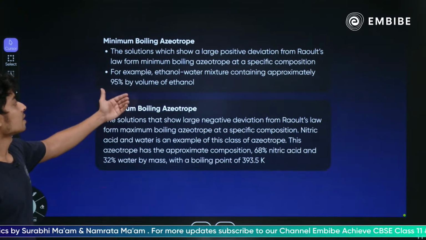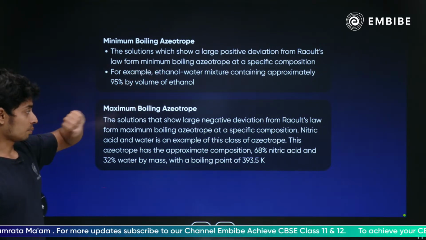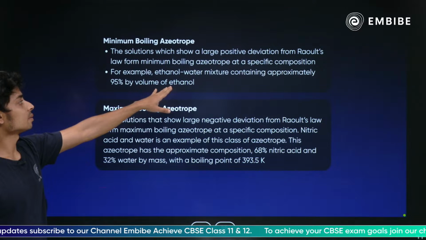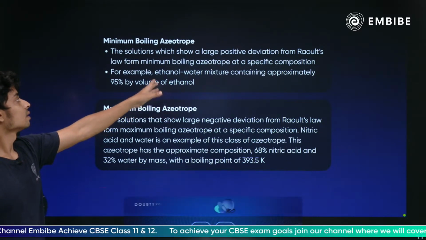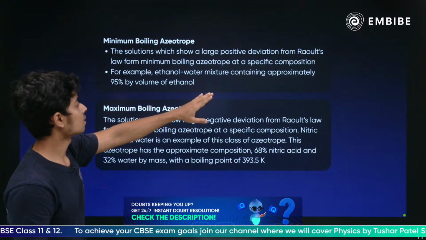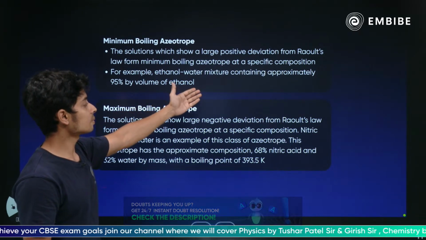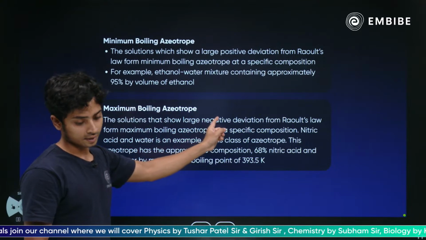So minimum boiling azeotropes are solutions which show large positive deviation from Raoult's law, at a specific composition.